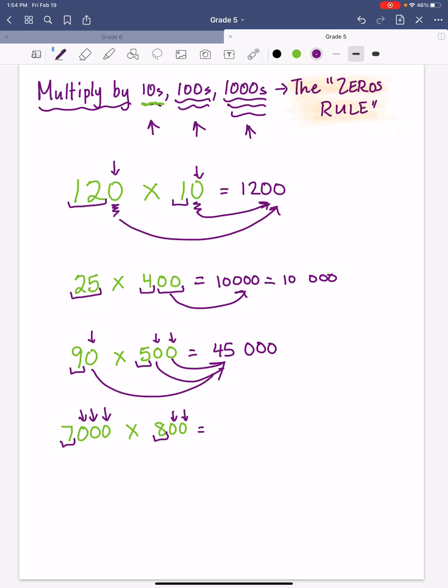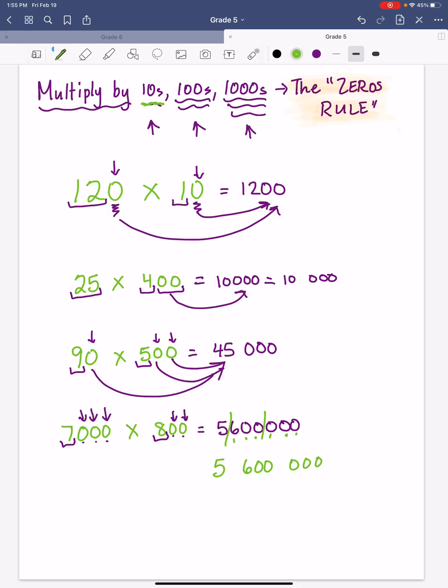So 7 times 8 is 56, right? And then I'm going to take all my zeros. So I have 1, 2, 3, 4, 5, and I'm going to put 5 zeros on. And then I'm going to put my proper spaces in where I always start out this end. 1, 2, 3, space, 1, 2, 3, space. So this would be 5,600,000. Okay, so hopefully that made good sense to you.